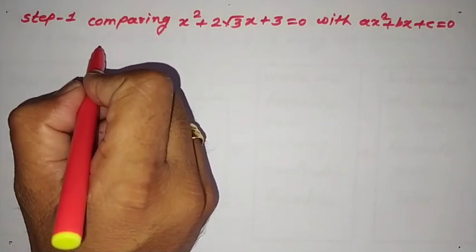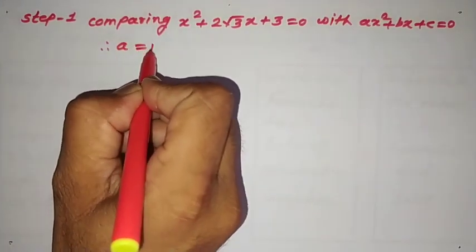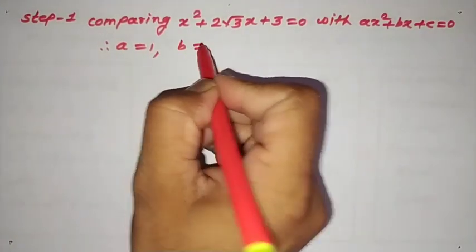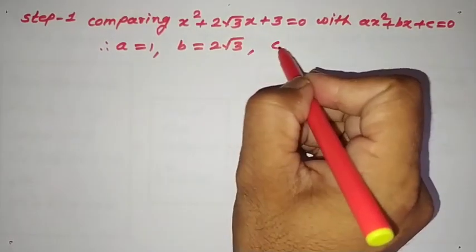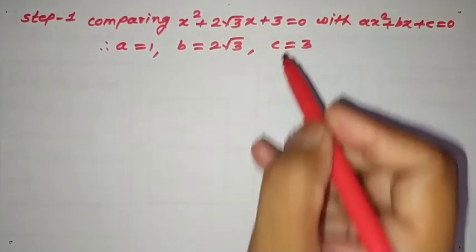Write down the values: a is equal to 1, b is equal to 2 into root 3 and c is equal to 3.